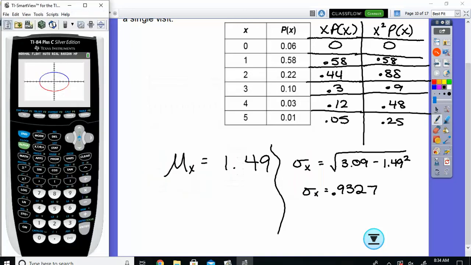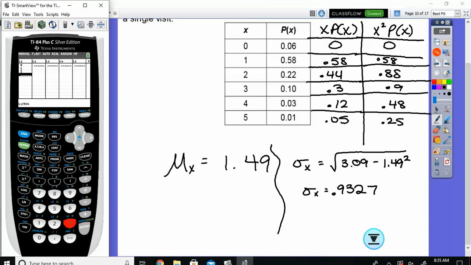And what we are going to do is go to our list. So stat edit. And you are going to enter your x values in L1 and your probabilities in L2.